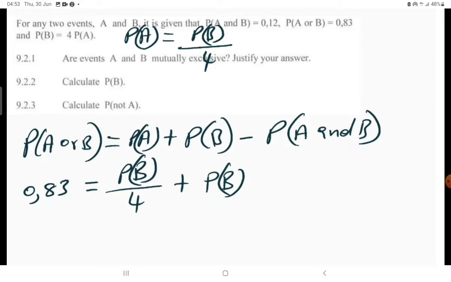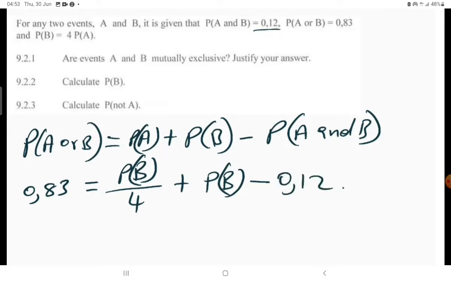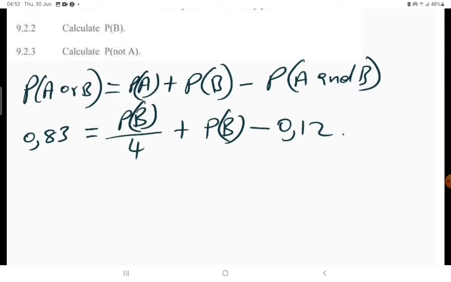Now subtract the intersection, which is 0.12. So on that note, let's work on this one. For this side we have 0.83 plus 0.12, which is just 0.95.